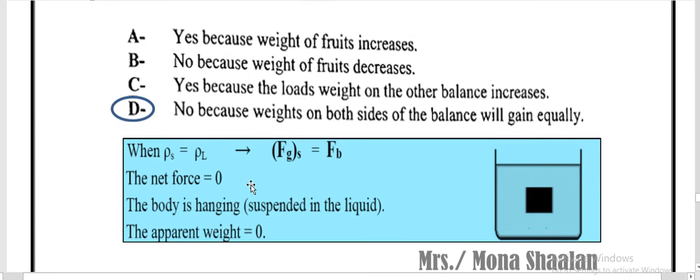No, because when the object is suspended, the total weight will equal the buoyant force, and the buoyant force will be increased as well, so there is no increase in weights on both sides, as the weight will be increased equally on both sides.